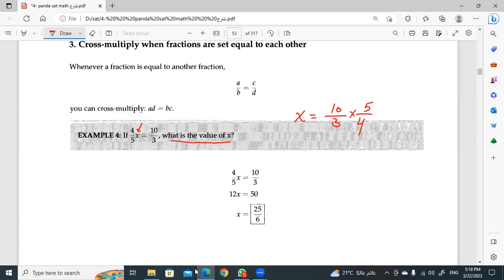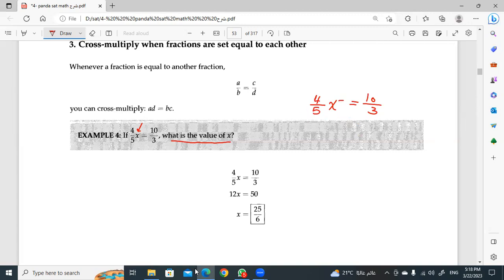Again. Here, I have 4 over 5 multiplying by x equals 10 over 3. So in this situation, I don't have plus or minus any numbers.